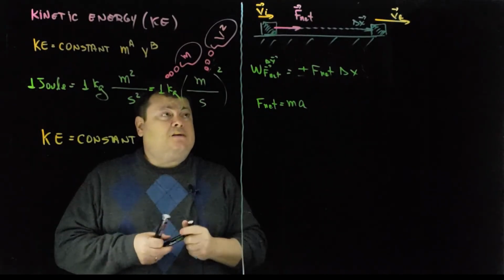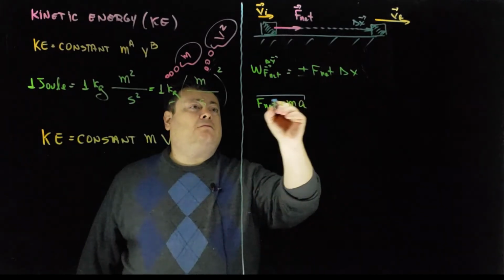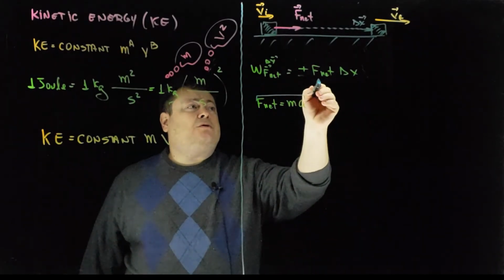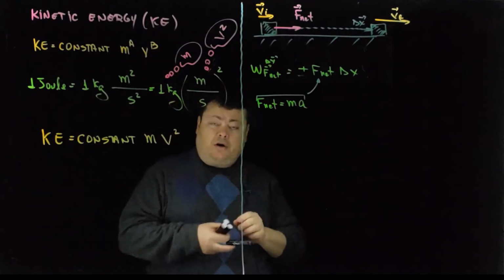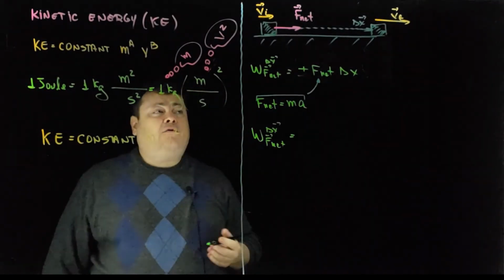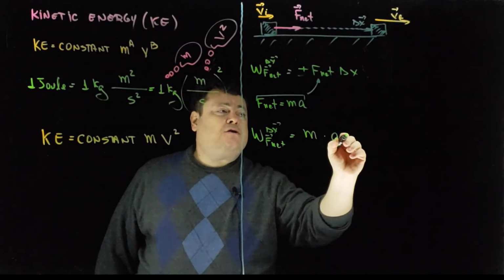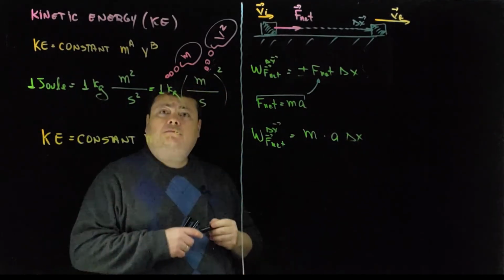Now, if I take this net force equals mass times acceleration and substitute it in my equation for work, we'll have that the work done by the net force on the displacement is going to be mass times acceleration times displacement.